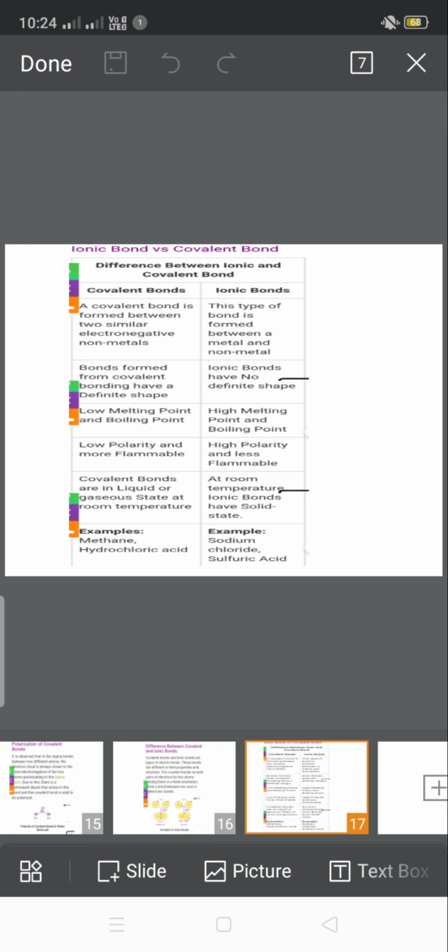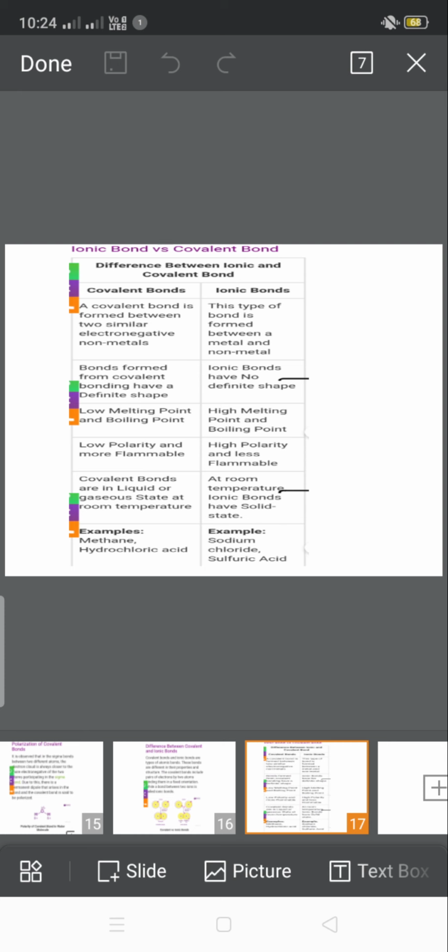Ionic bond versus covalent bond. A covalent bond is formed between two similarly electronegative nonmetals. Ionic bonds are formed between a metal and a non-metal.